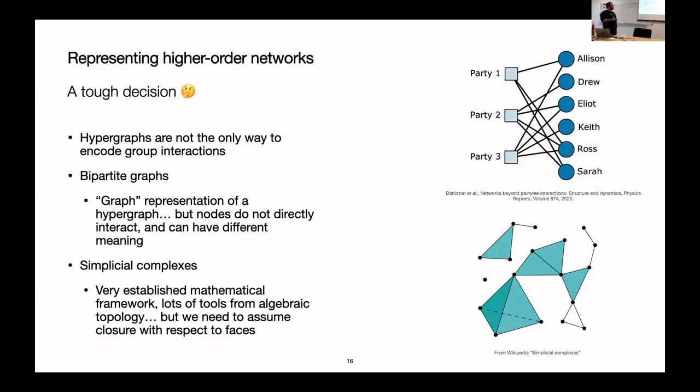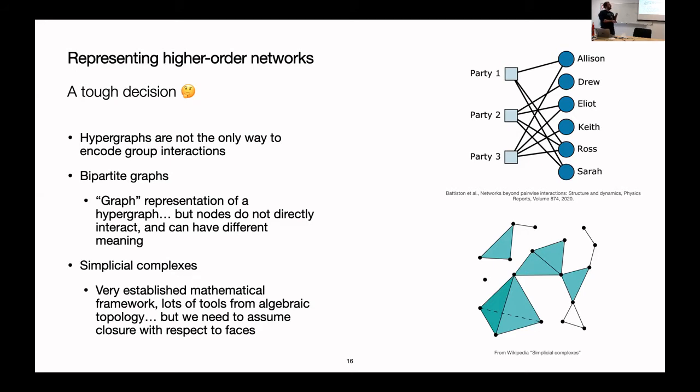Actually, hypergraphs are not the only way to encode group interactions. In fact, we can use bipartite graphs, in which we have different nodes with different characteristics. In this case, we have a set of nodes that are really entities, like people, and we have nodes that are not really entities but represent the group interactions.